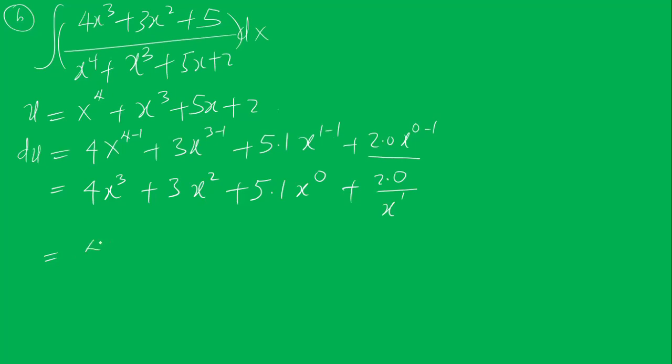So you have 4x, there should be dx here. Now 4x raised to power 3 plus 3x raised to power 2 plus 5, anything raised to power 0 is 1, plus 2 times 0 is 0, so this does not come into play.